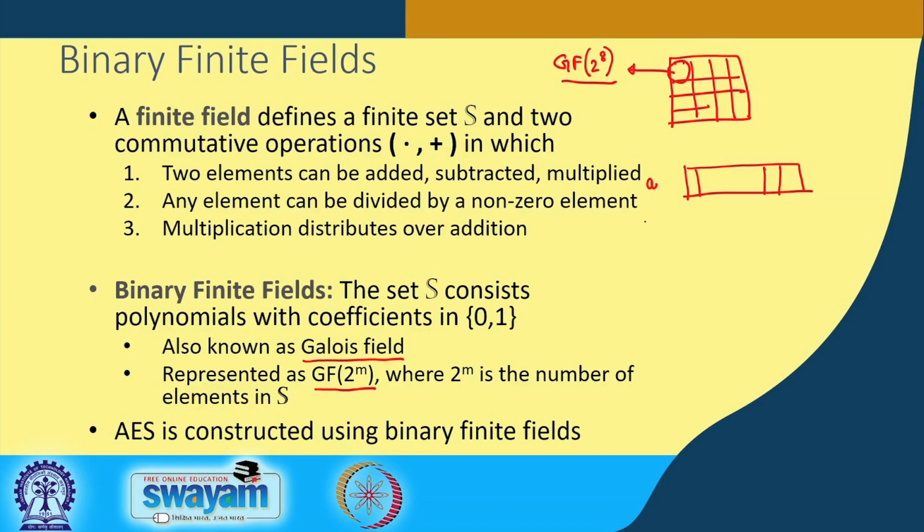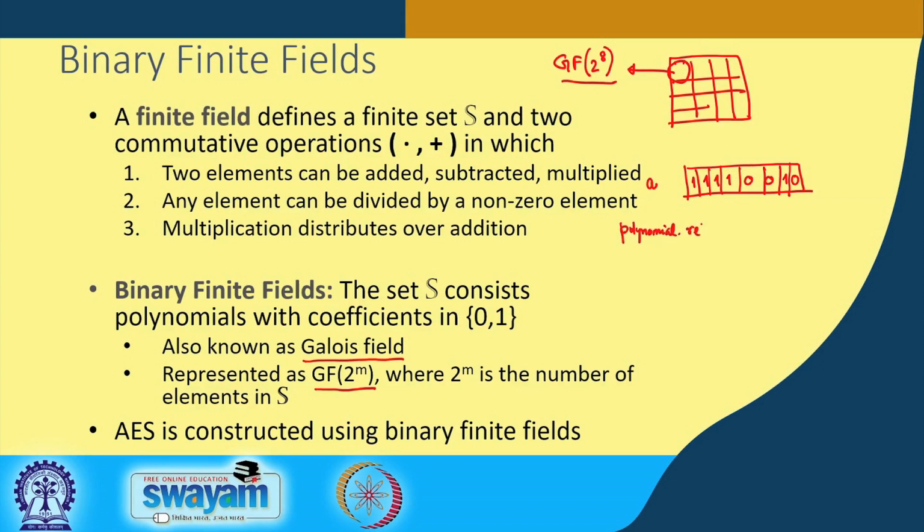Suppose I have a string, let me quickly write it down: 1, 1, 1, 1, 0, 0, 1, 0. Suppose this is my 8-bit string. There is an equivalent polynomial representation also.